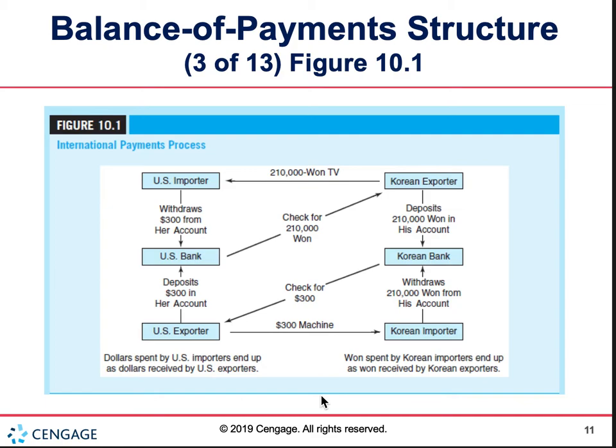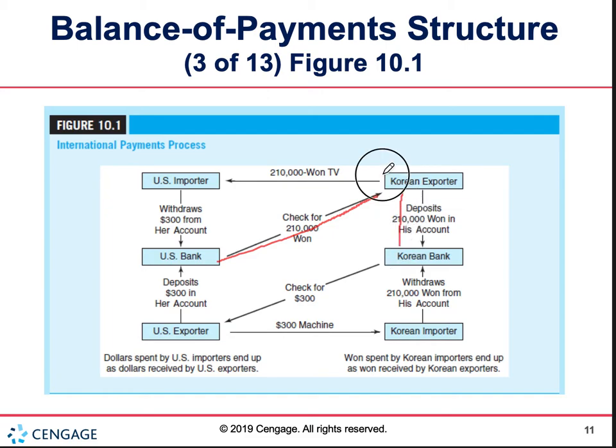So $300 equals 210,000 won, and we're assuming we have a certain exchange rate. When the South Korean producer receives your payment in won, they deposit the funds in their bank. So at the U.S. bank, you have $300. Now those $300 are converted to 210,000 won, and they deposit that 210,000 won into their account.